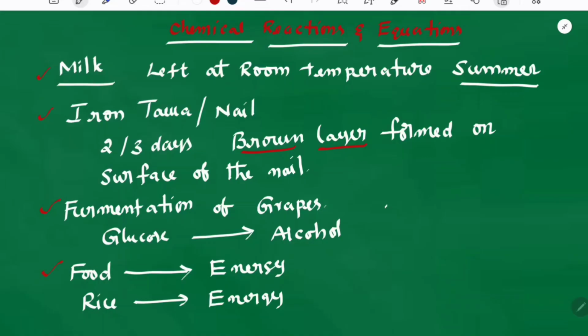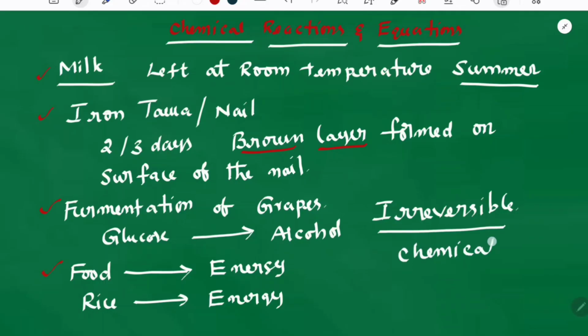If we can't get back, no. So that's why we call them irreversible. Already studied in 7th class, all chemical changes are irreversible. We can't reverse them.